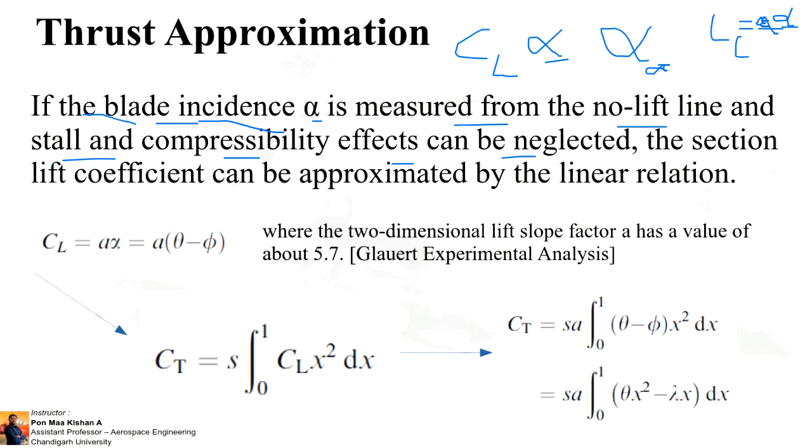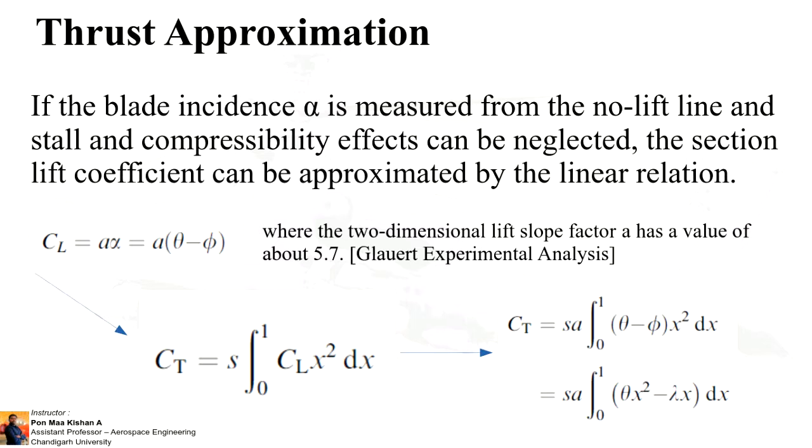So when we are having a curve between CL and alpha, this slope factor is considered as A. This is a theoretical experiment done by Clark.